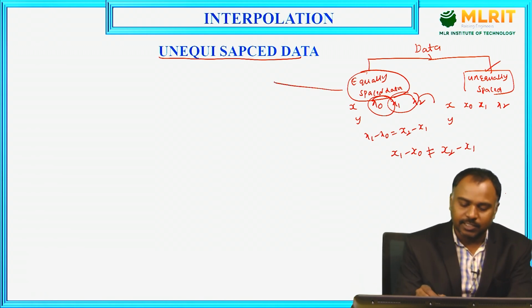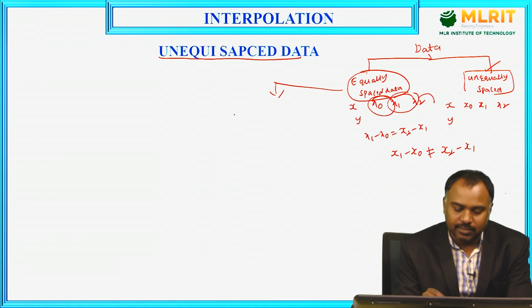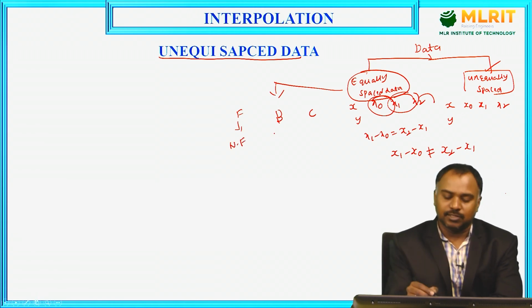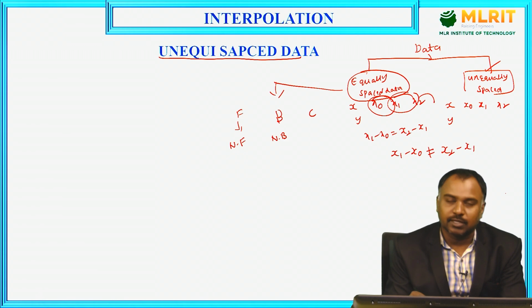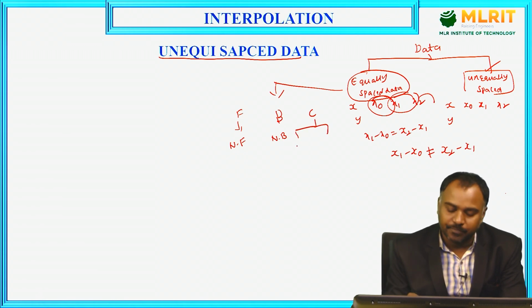In equally spaced data, as you know, we discussed forward differences, backward differences, and central differences. In the forward case, we discussed Newton forward in the previous lectures, and then Newton backward. In the central case, we discussed Gauss forward and Gauss backward.